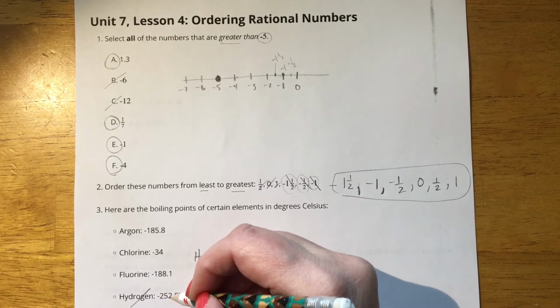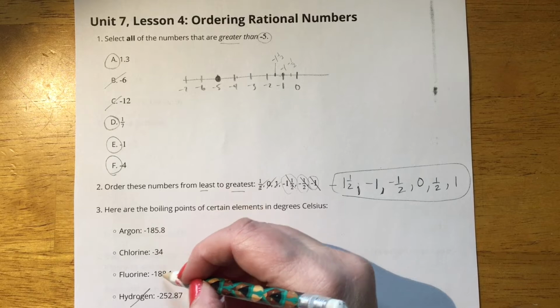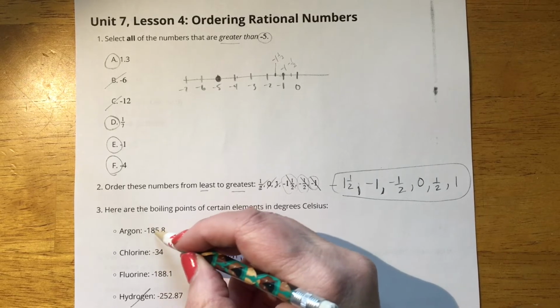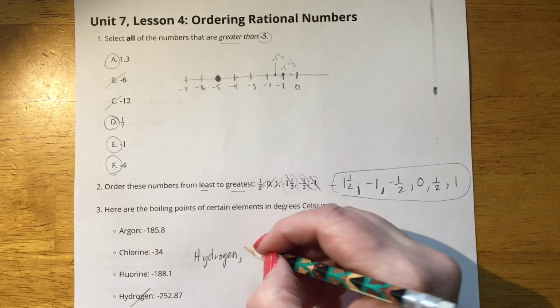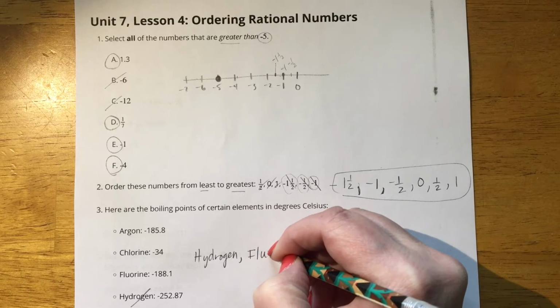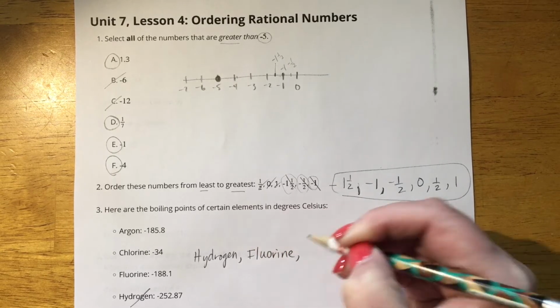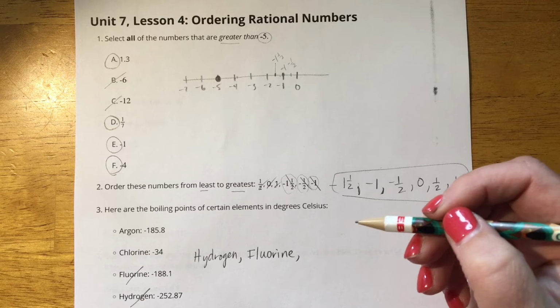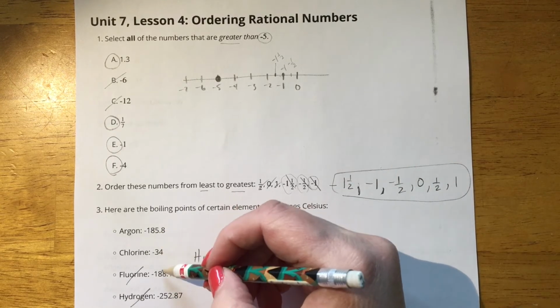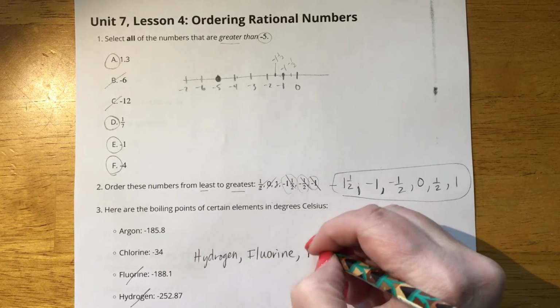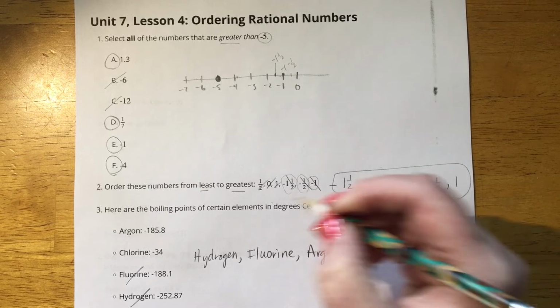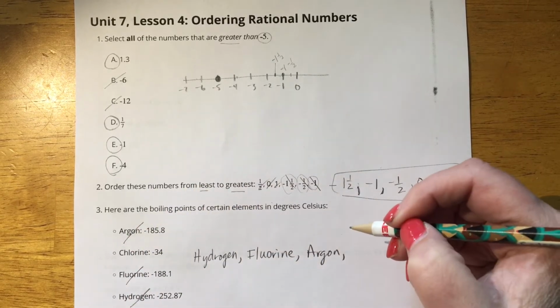What's the next biggest negative number? 188 is bigger than 185. So I think fluorine is next. Fluorine is next. Now, that was a close call, but I think that one now, argon, is next at -185.